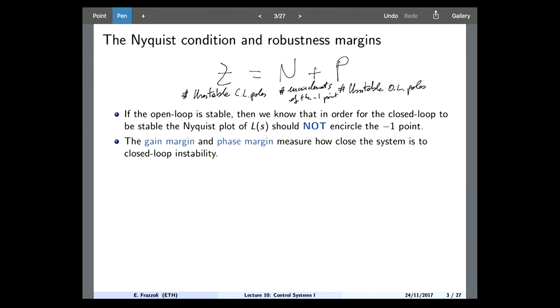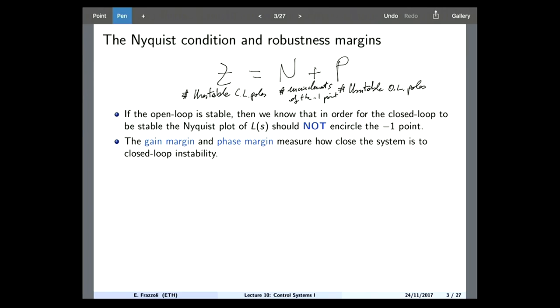So, in particular, if I know that my open loop system is stable, what is P? If my open loop system is stable, what is P? Anybody? 0, right?